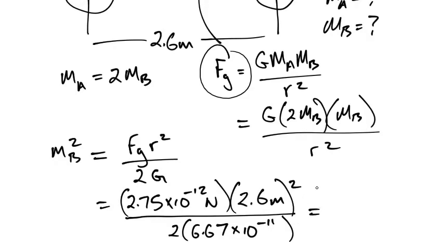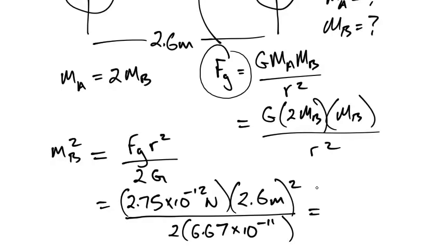And that's going to give us 2.75 EE negative 12. Enter 2.6 squared times 2 divided by 6.67 EE negative 11 divided by.